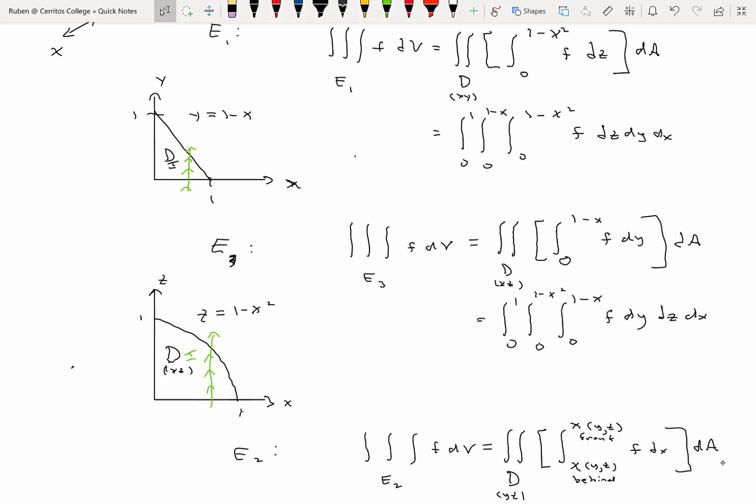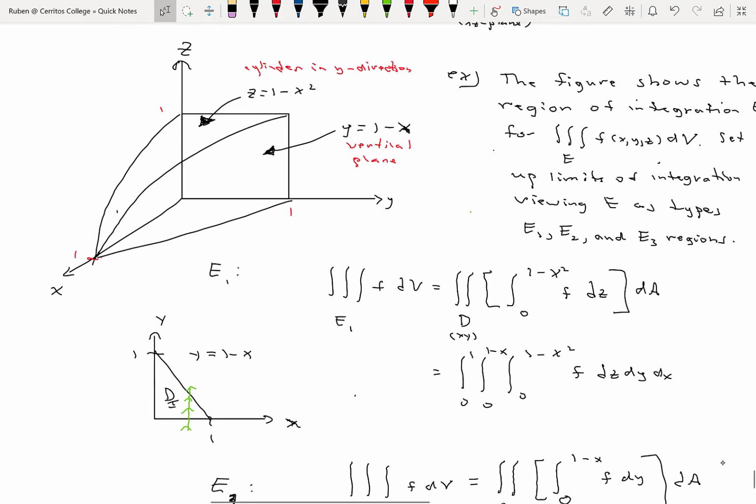The lower limit is x behind, and that's pretty clear. X behind is x equals 0. It's the YZ plane. It's the rectangle. It's x in front that's a problem. The problem is I have two different surfaces in front.